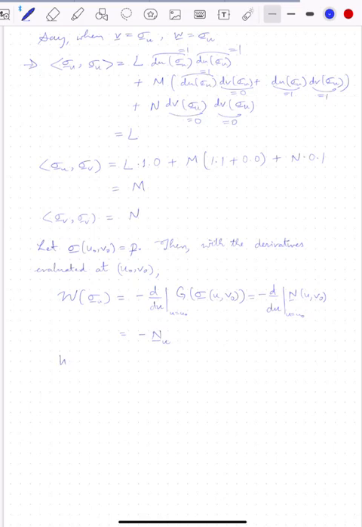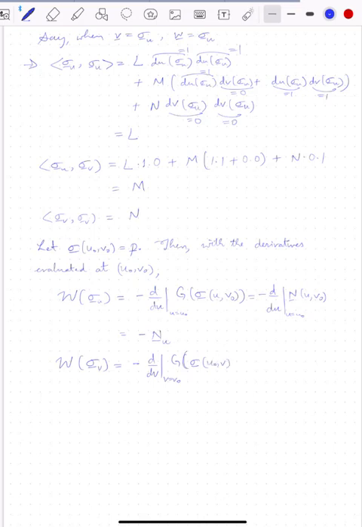And likewise, the Weingarten map of sigma v is equal to, again, now we are finding the derivative of n along the v coordinate line. So we have minus d by dv at v equal to v naught, of G of sigma vector at u naught comma v.